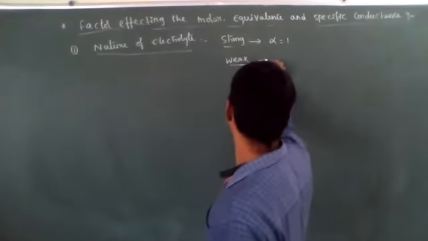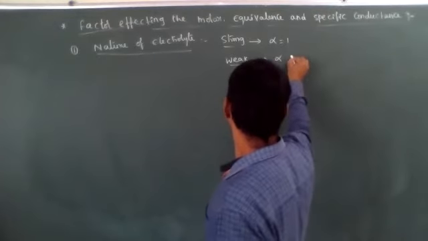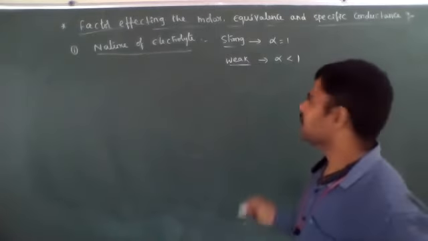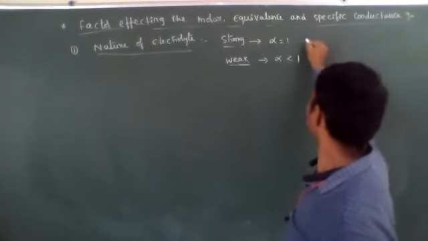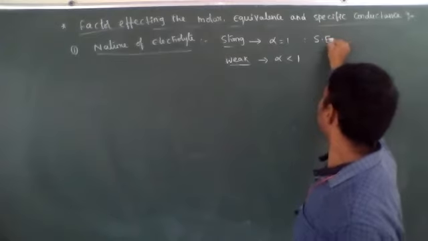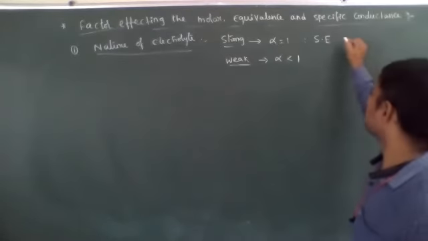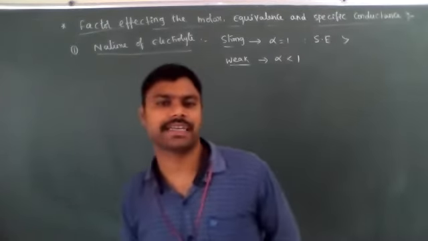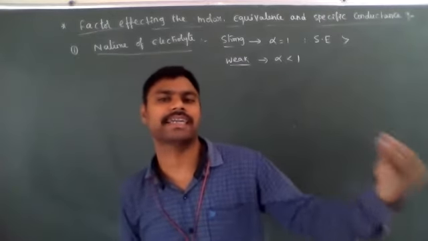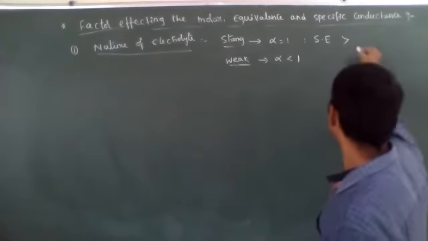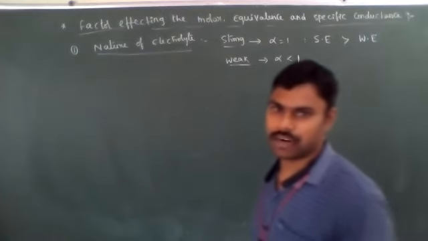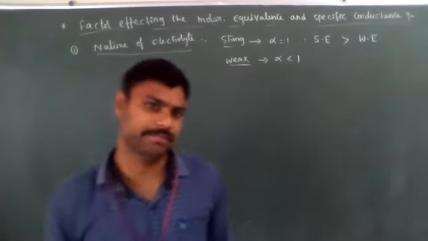For weak electrolytes, the alpha value is less than 1. That's why the conductivity of strong electrolytes is always more. Either molar conductance or equivalent conductance or specific conductance is always more for strong electrolytes when compared to weak electrolytes. That point is very important.